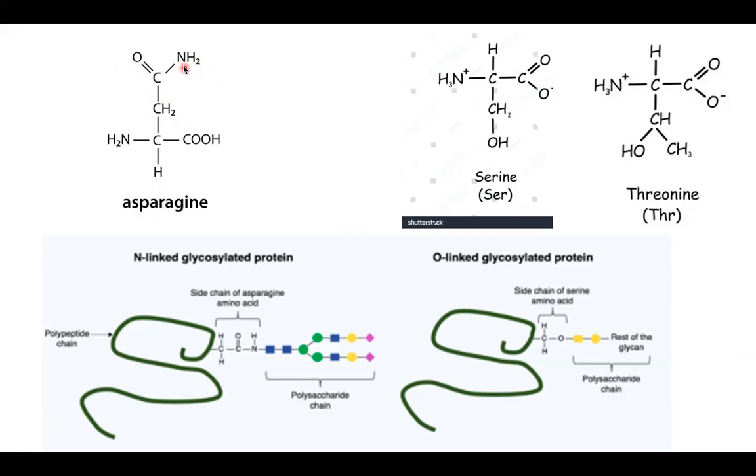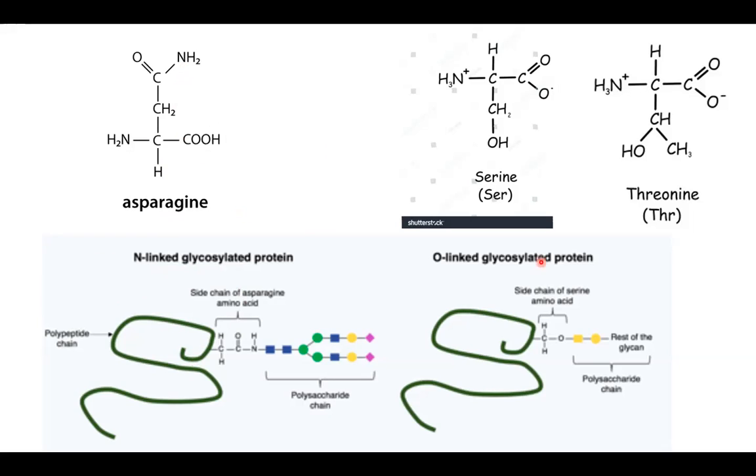And the presence of this nitrogen is what allows for N-linked glycosylation, because the sugars are going to start attaching to this nitrogen over here that is in the R group, okay? So if I have N-linked glycosylation, it must mean that I must have an asparagine, because asparagine has an R group with an N, and I need that N to do N-linked glycosylation. Okay, so N-linked glycosylation can only happen if an asparagine is present. That is what is so important.